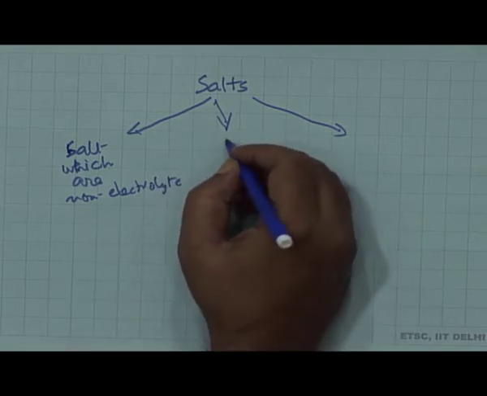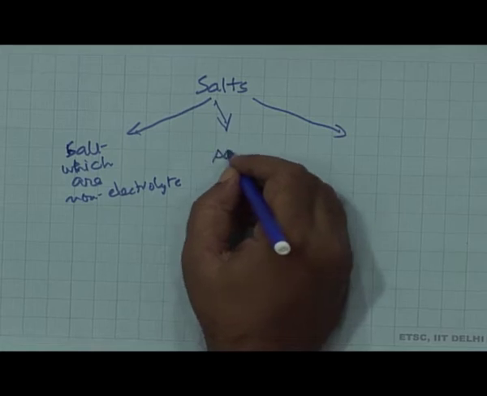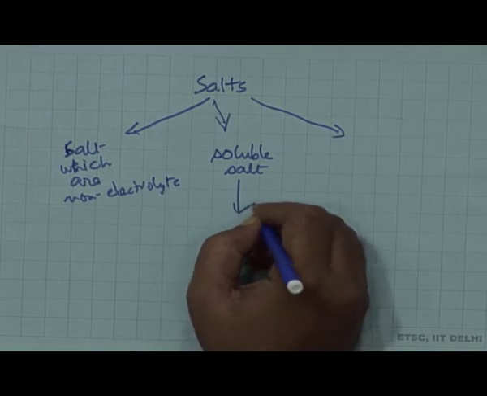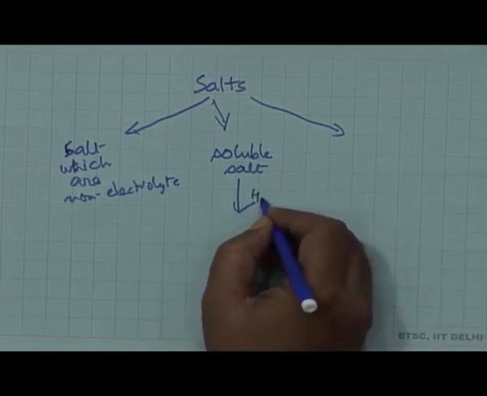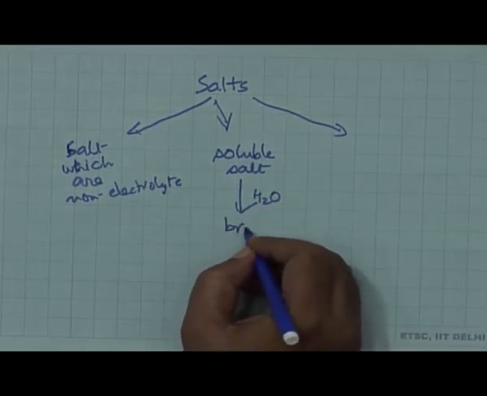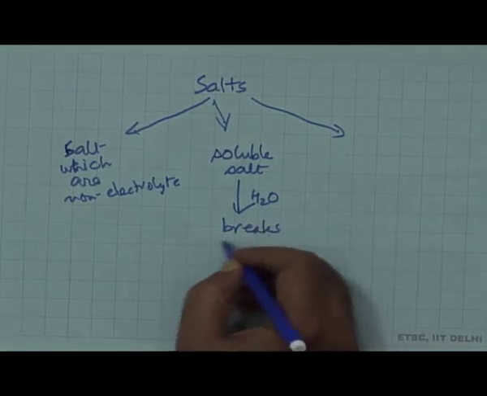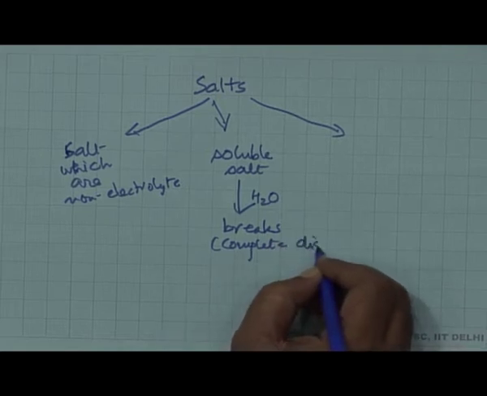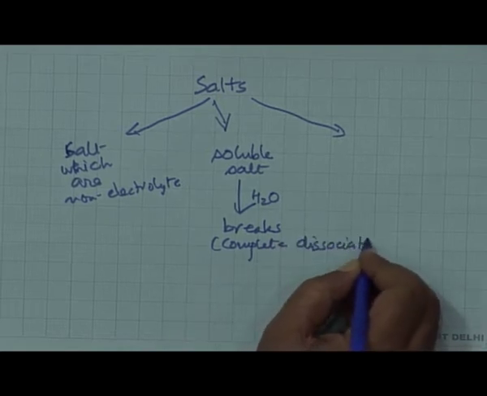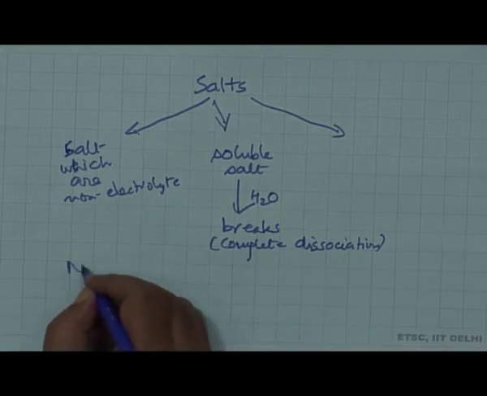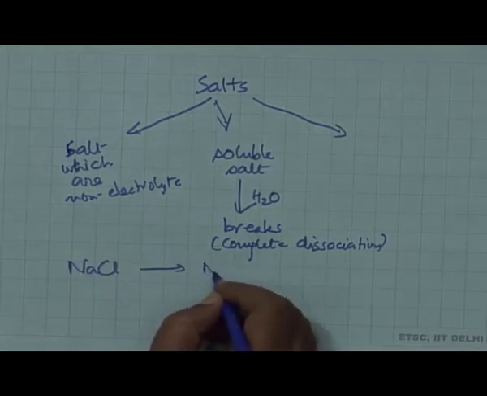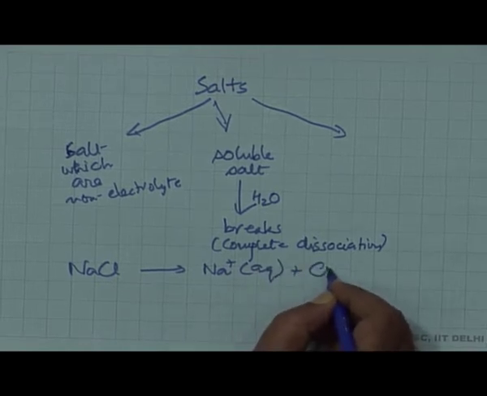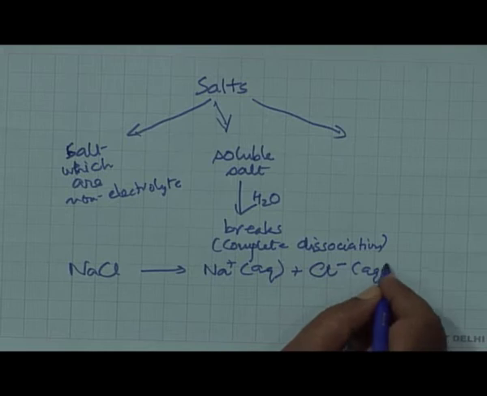Then you have a soluble salt which breaks in water, with complete dissociation. For example, NaCl will completely dissociate in water into Na plus and Cl minus aqueous.